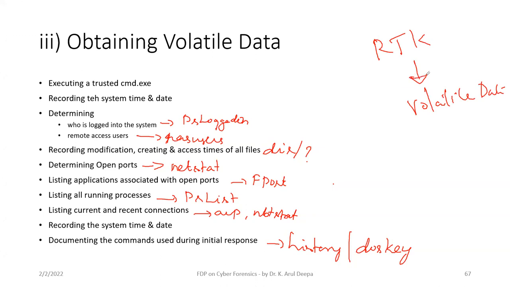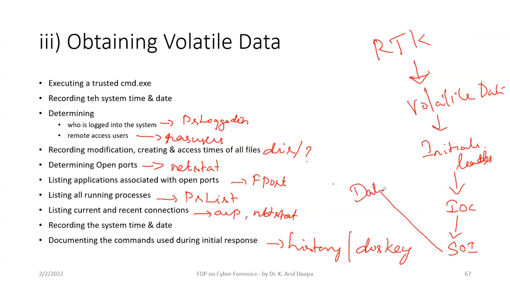From the volatile data only, you will get the initial leads. These initial leads will be identified as good or bad. If it is a good lead, you can go for IOC. From the IOC, you can collect the system of interest. In the system of interest, you will collect data.